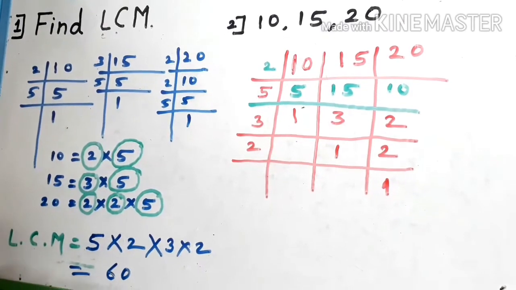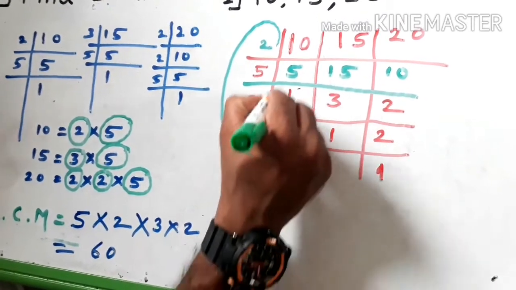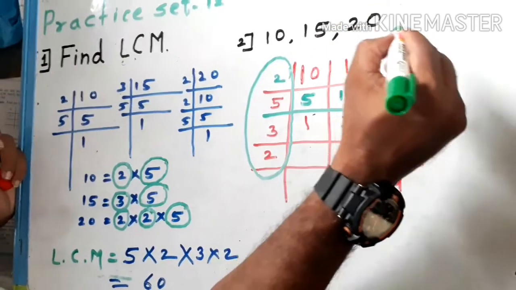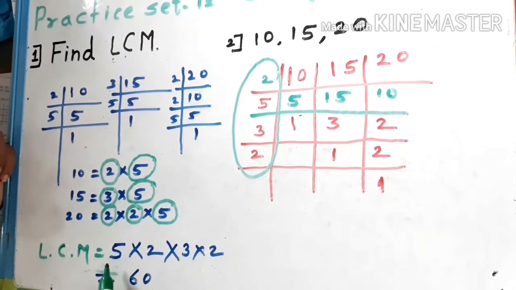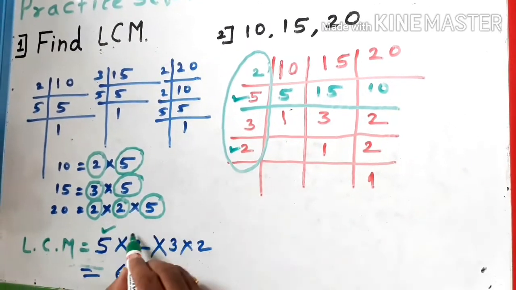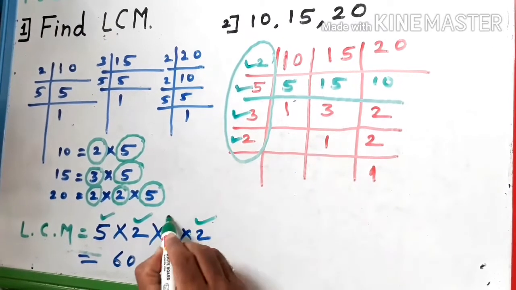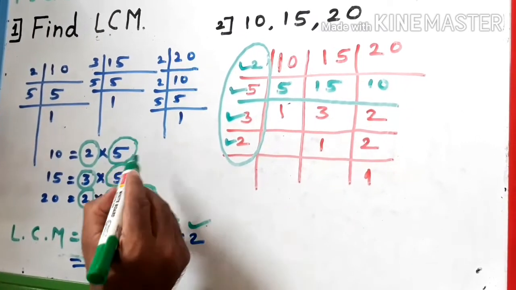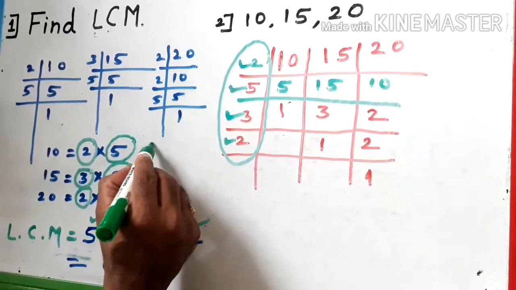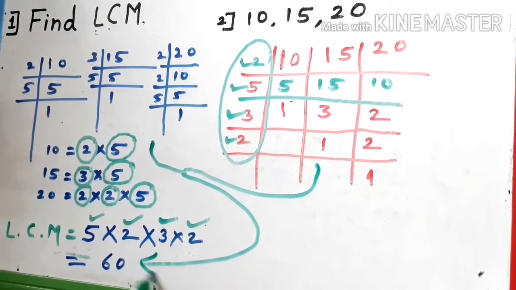So the product of these numbers is the LCM of 10, 15 and 20. Look at this LCM: this 2, this 2, this 5, and this 3 are taken here. So both methods give the same answer for the LCM.